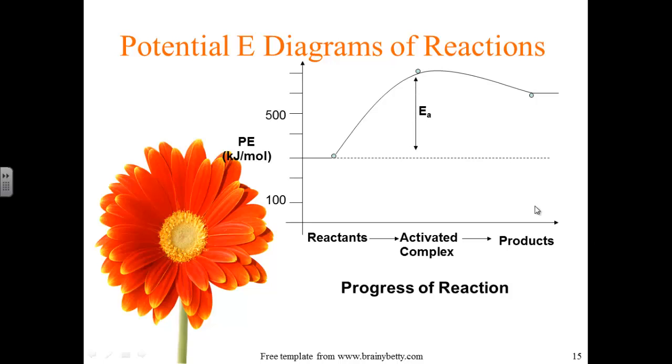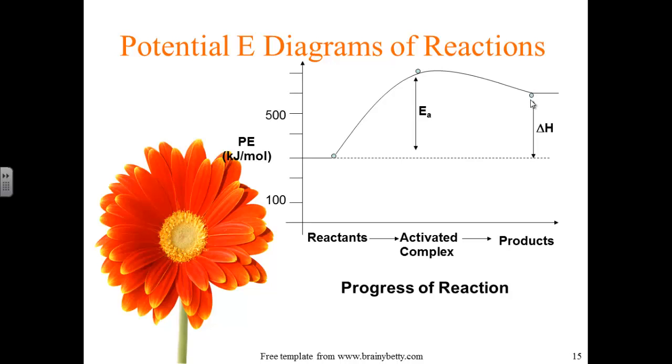The activation energy this time is the amount that it took to get from 300 up to 700. So the activation energy for this reaction would be 400 kilojoules per mole. Delta H is where you have the baseline up to the products.